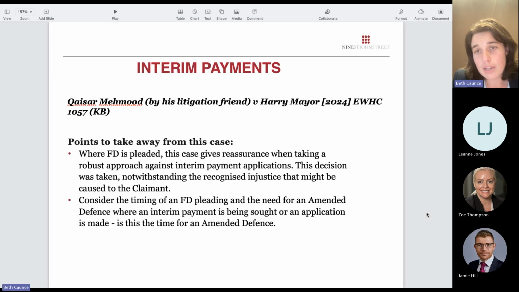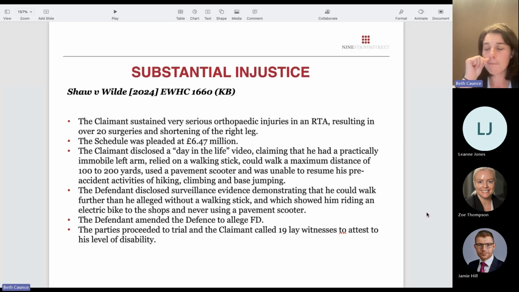It's also a case which makes us think about the timing of an FD pleading and perhaps where an amended defence might be needed. It can be a useful tool, as it was in this case, for defending such applications. And so it's worthwhile considering if that is the time for amending the defence, if needed.